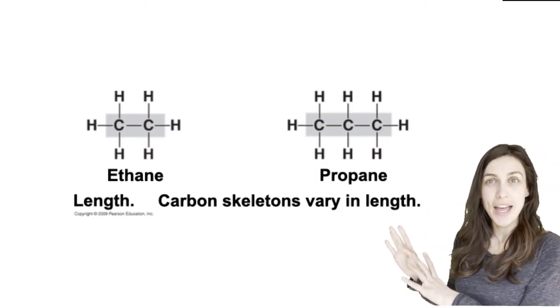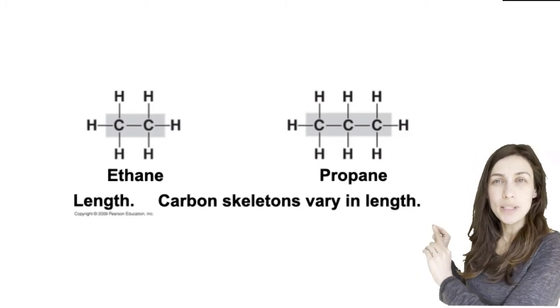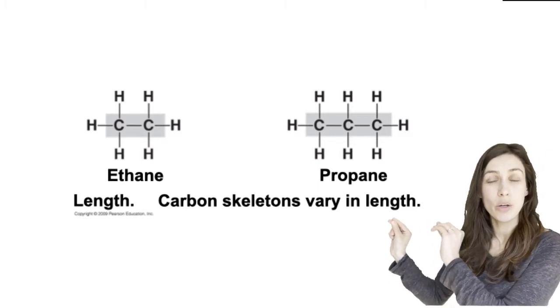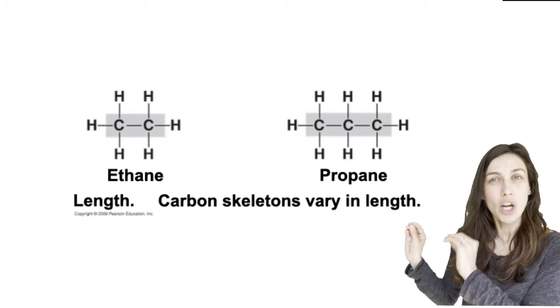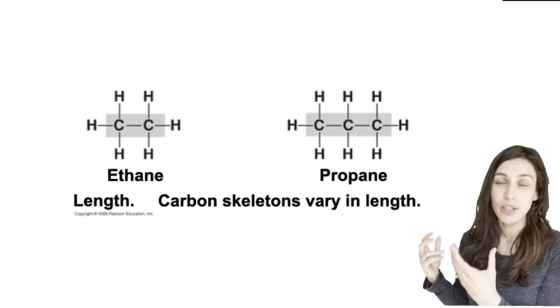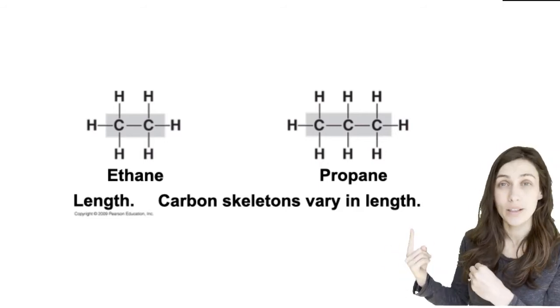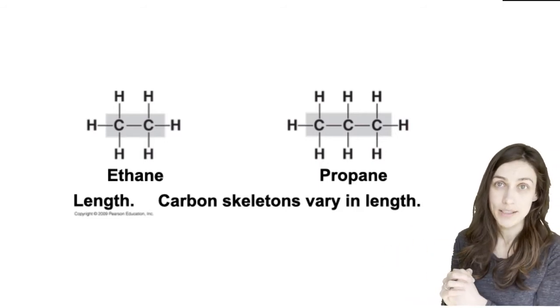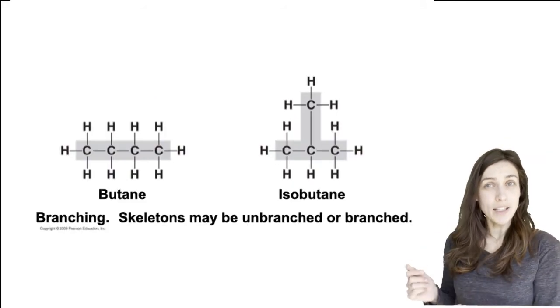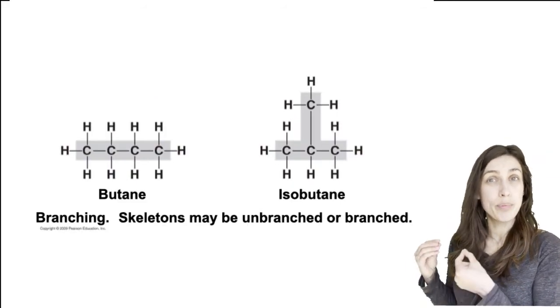You see here that the line of carbons that are connected to one another by covalent bonds is called the carbon skeleton. So the carbon skeleton could be of various lengths, from 1 carbon to many, many carbons. The carbon skeleton can also be branched.